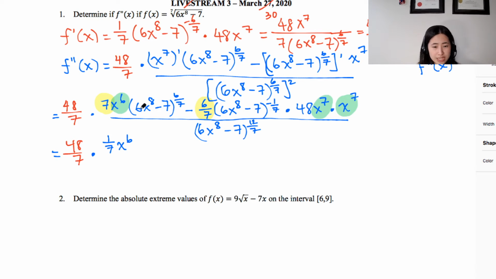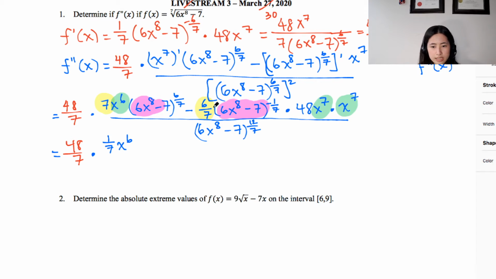What else? We can actually take out 6x^8 minus 7, right? And as you can see, the greatest common factor is negative 1 over 7. So we can take that out as well, right? Or factor that. Okay, hopefully you guys can see this. And this one as well.